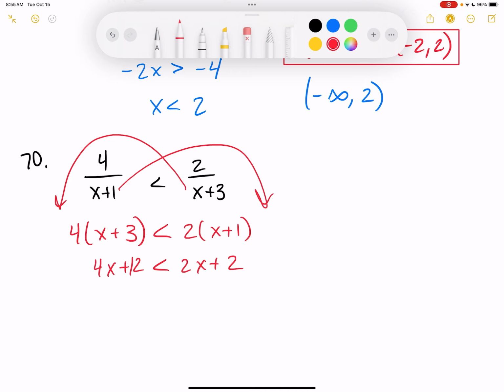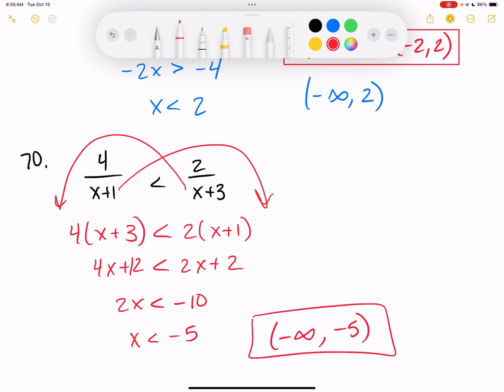Subtract 2x and subtract 12, so I'm going to get 2x is less than -10. So x is less than -5. So then my interval is -infinity to -5 with a parenthesis.